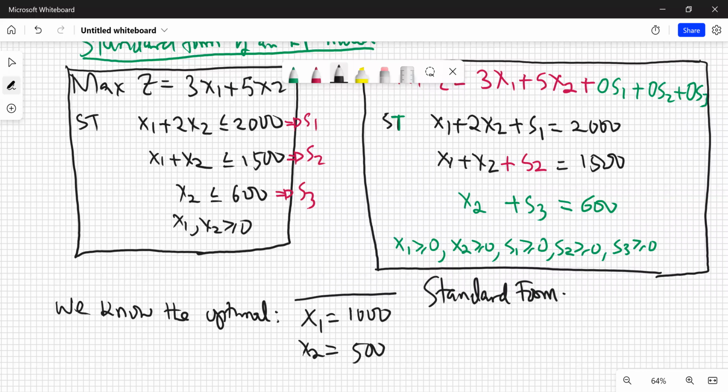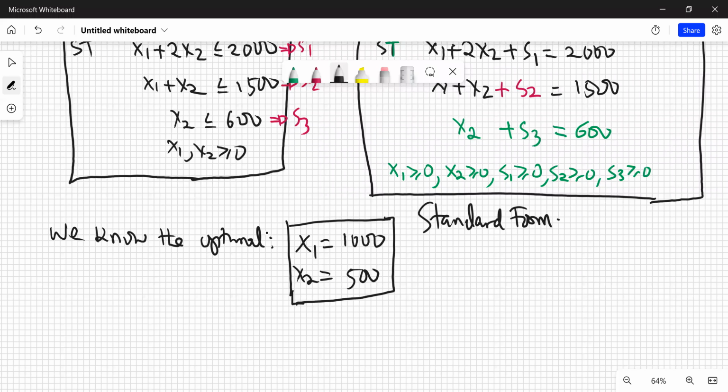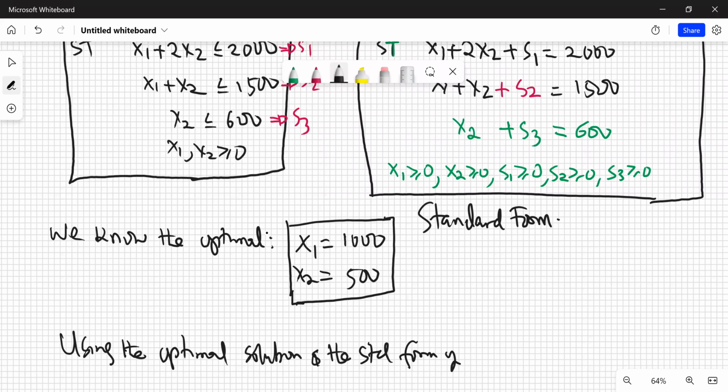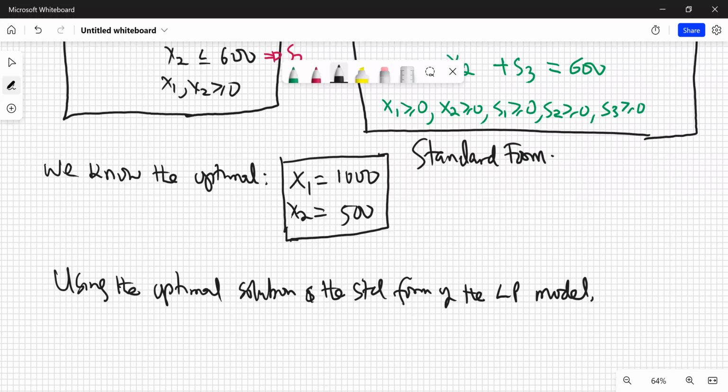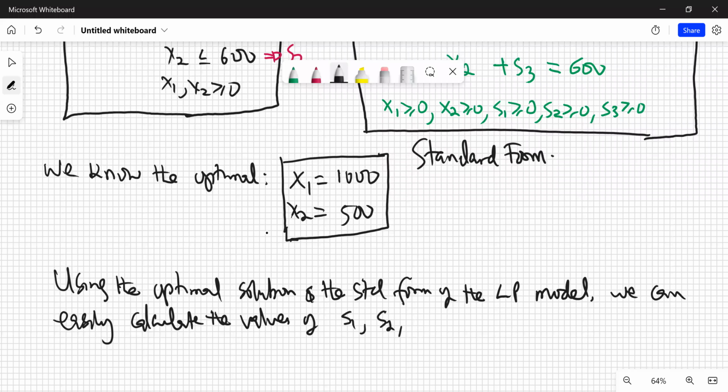So once you know the optimal solution, it is possible to calculate. Using the optimal solution and the standard form of the LP model, we can easily calculate the values of S1, S2, and S3.